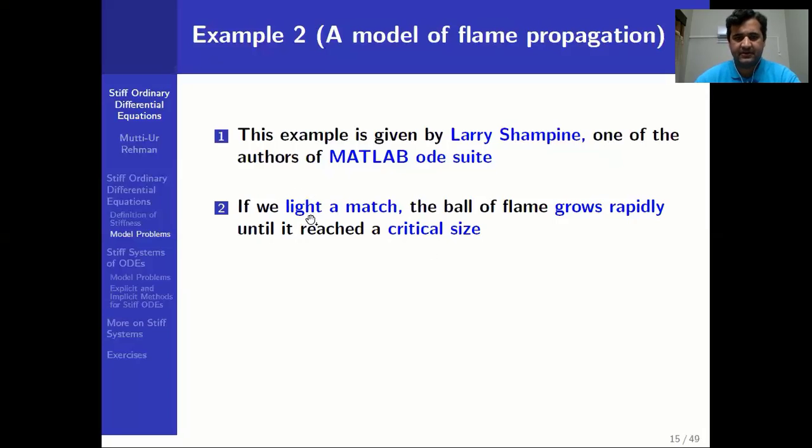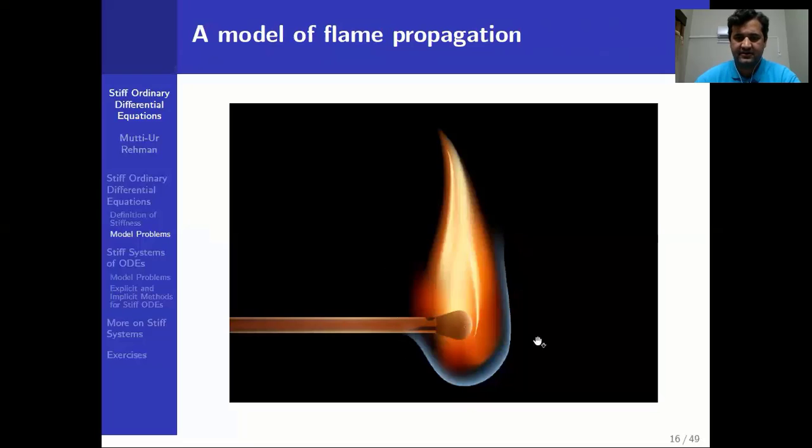So let's say you light a match. Then what will happen? The ball of flame will grow rapidly, and then it will reach a critical size. Although at the moment we can't see a ball, it's possible that at some stage this flame will look like a ball.